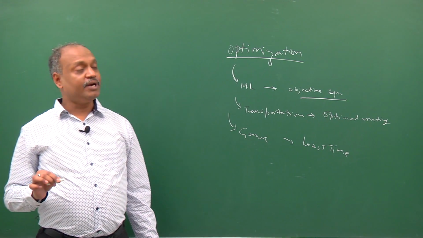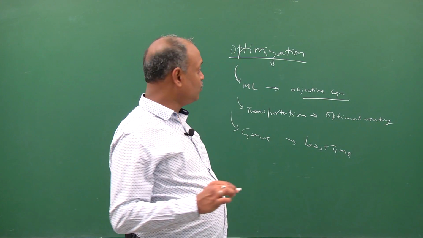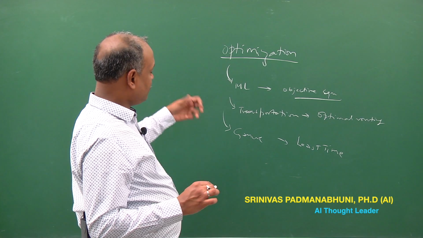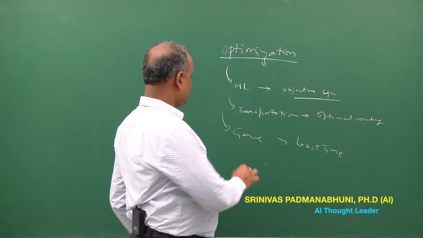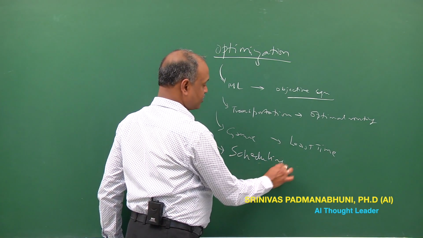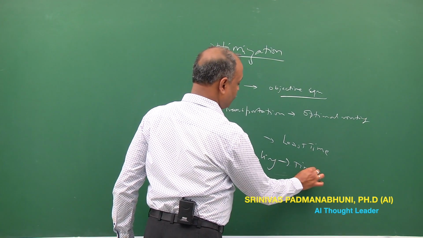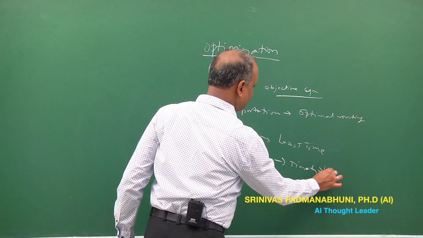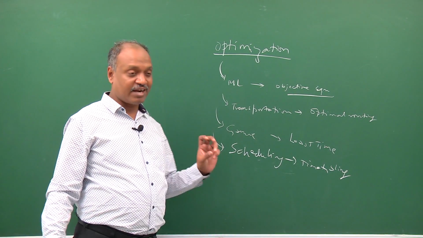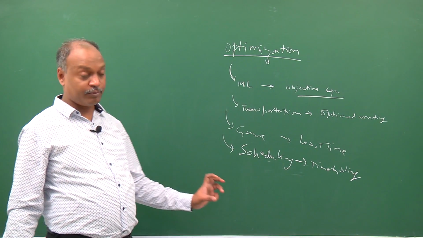Then, what are the different optimization techniques which are typically used in the context of games or transportation or scheduling? Let's say, for example, you want to create an optimal timetable of a college with respect to maximum utilization of teachers, making sure that we use the optimum number of teachers.